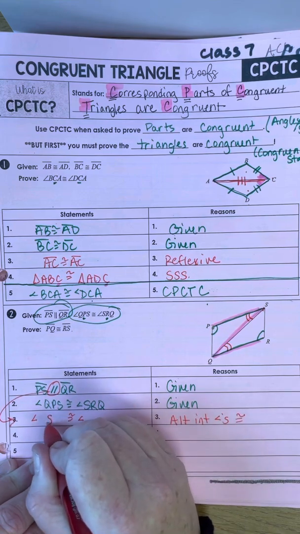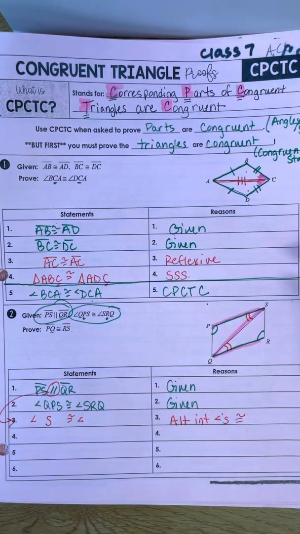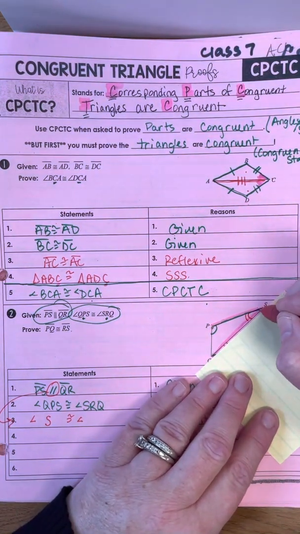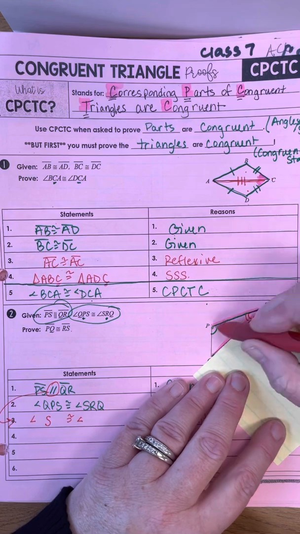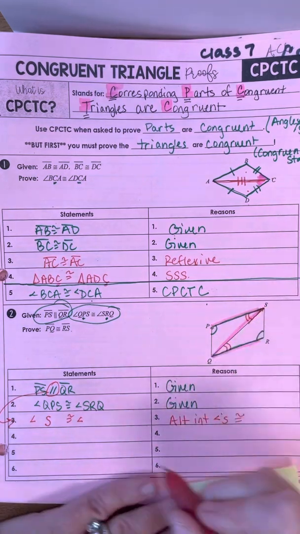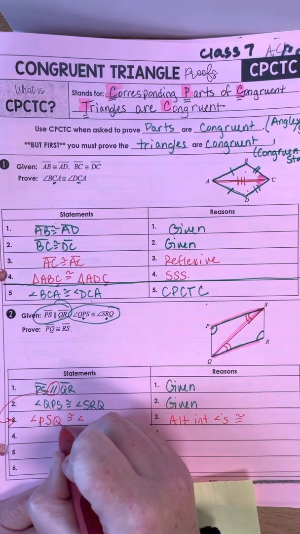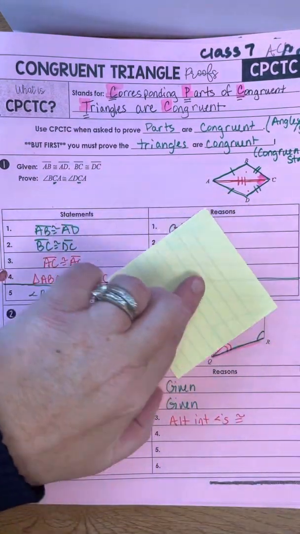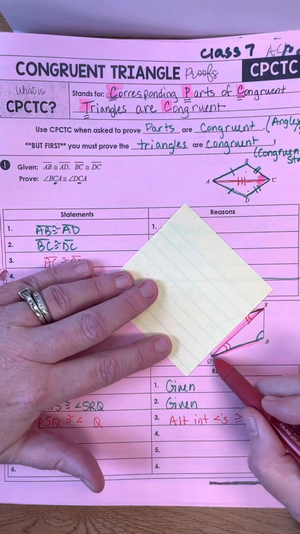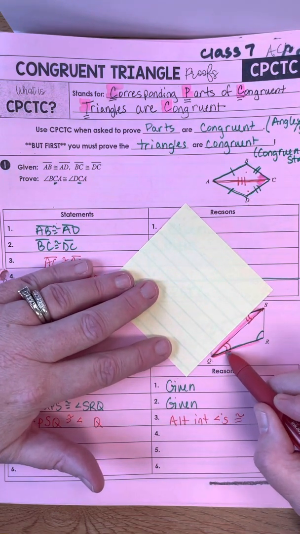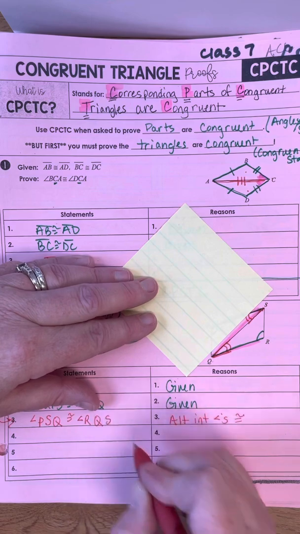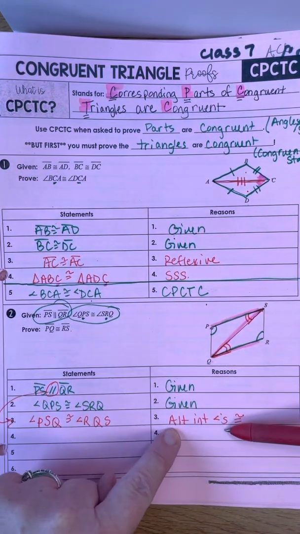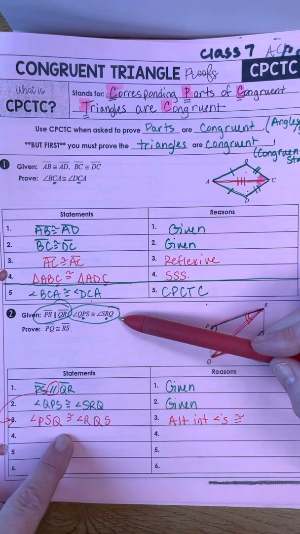I say it's angle S up top. What are the 2 letters that it goes towards? It goes towards P and Q. So P will go on one side of S and Q will go on the other. The other one is at angle Q, and I look at that triangle and I see it goes towards R and S. So they're going to be on either side of Q, R and S. So I have gotten from the parallel lines, your alternate interiors, these are congruent.